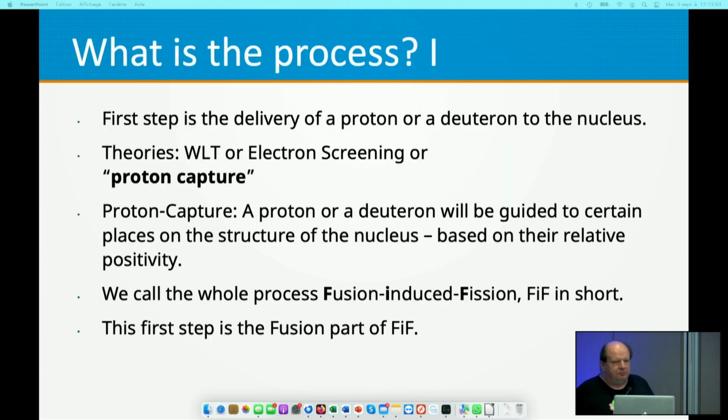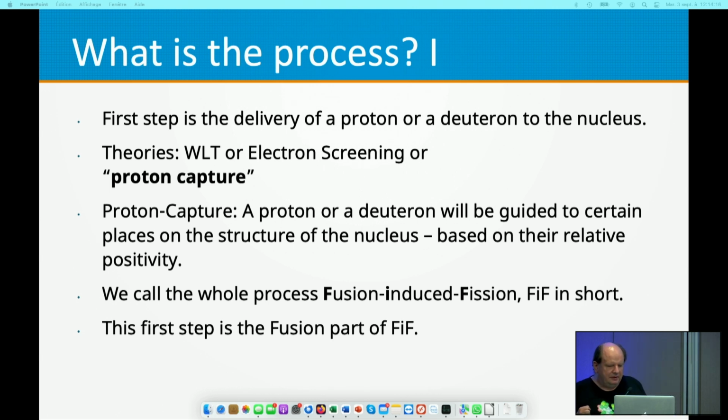So what is the process, what we think about what is going on here? The first step is the delivery of a proton or a deuteron to the nucleus. How this happens is under discussion. Let's say the Blasen theory has some ideas, then of course we heard about electron screening. We call it proton capture.